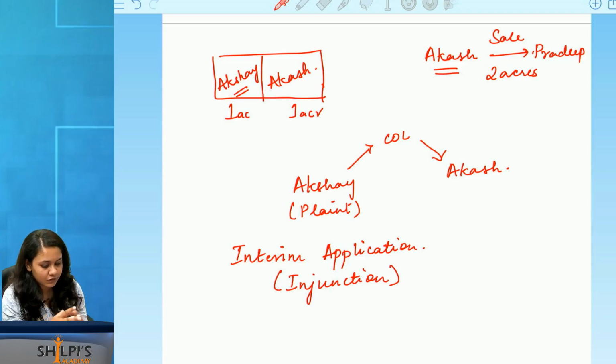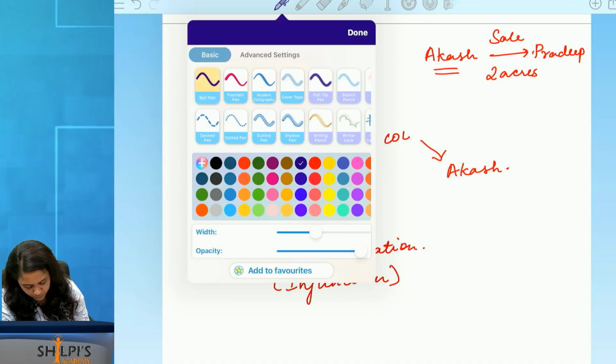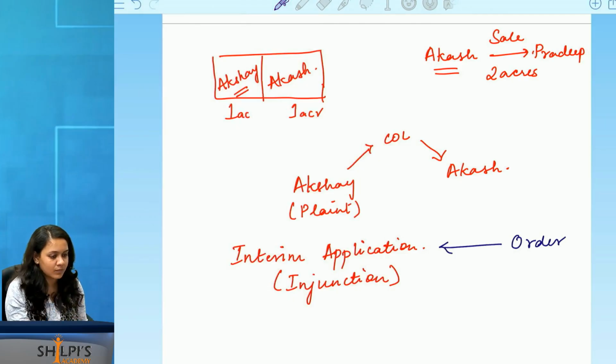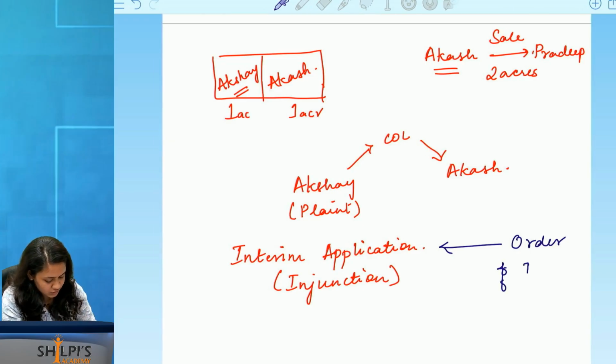And if Akshay has asked for an interim application, the court will respond with granting him an order. What is the order? The order of injunction.